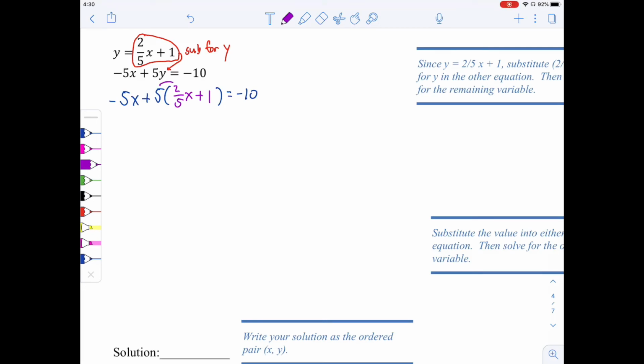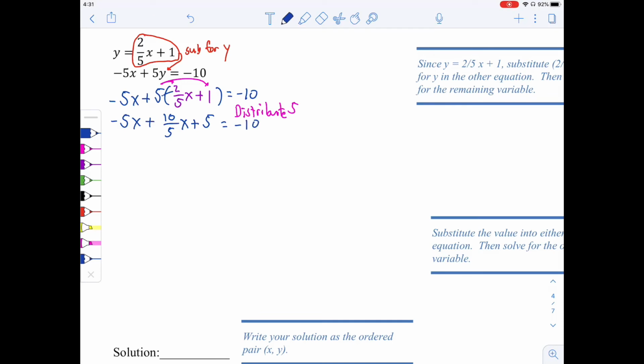Then we need to simplify this, right? Distribute. Right, so we're going to distribute 5 to simplify it, so we get negative 5x plus 5 times 2 over 5. Remember, multiply the numerators, right? 5 times 2 is 10 over 5x plus 5 times 1 is 5.